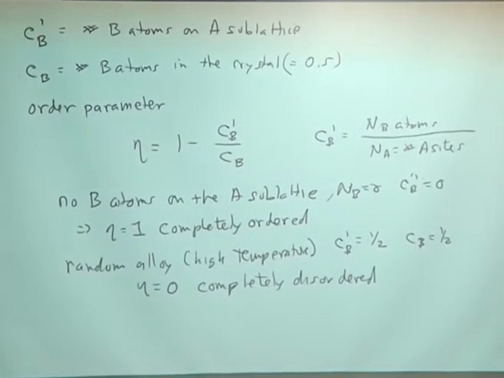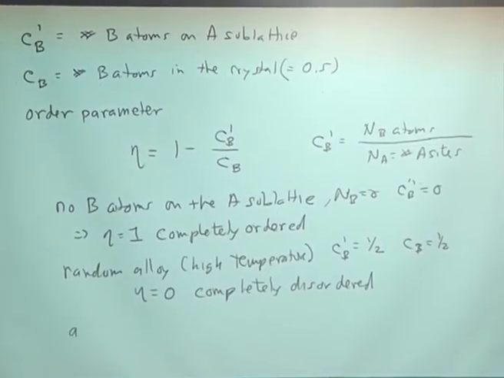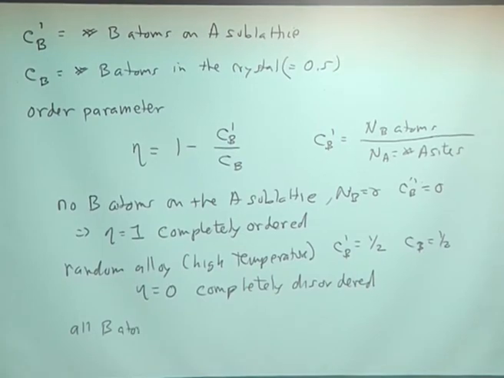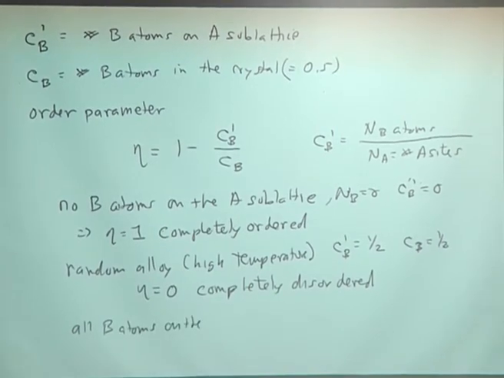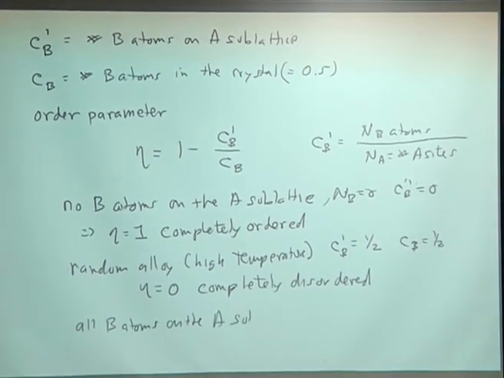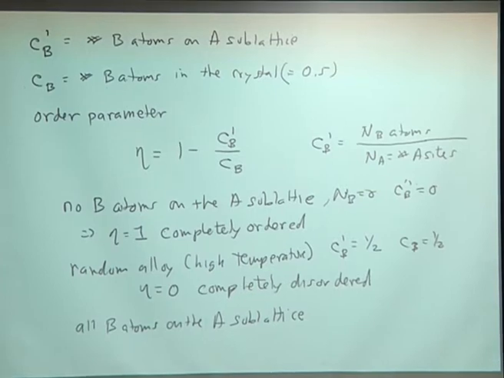And so you can do the other limit where you have all the B atoms on the A sublattice. And that means that C_B on A, which is C1b, is equal to 1.